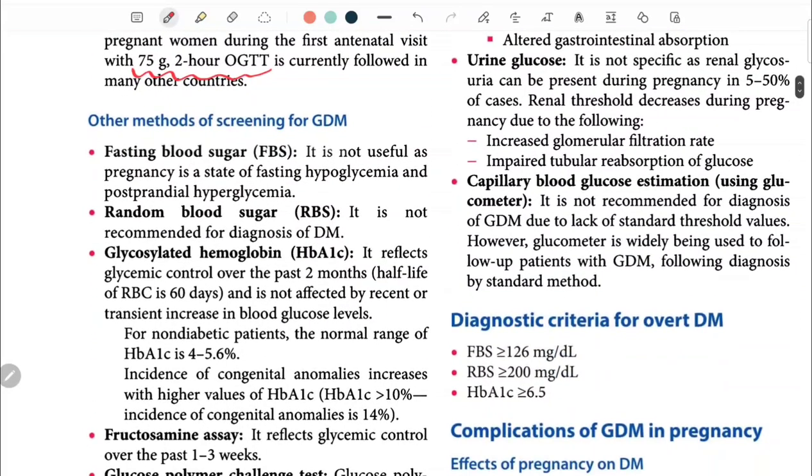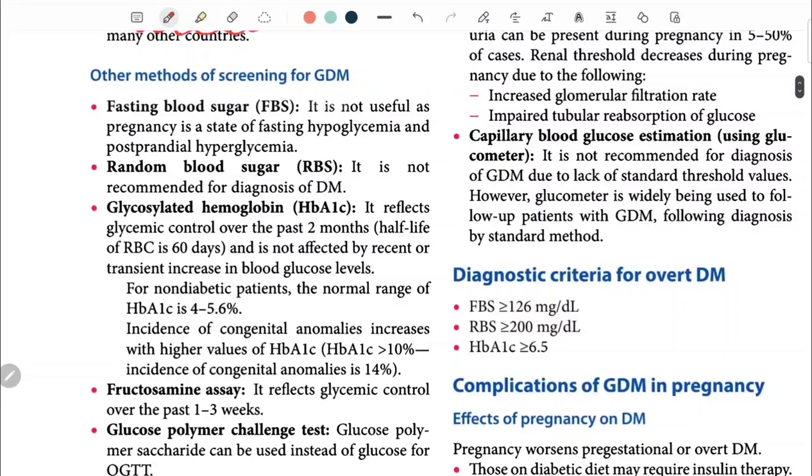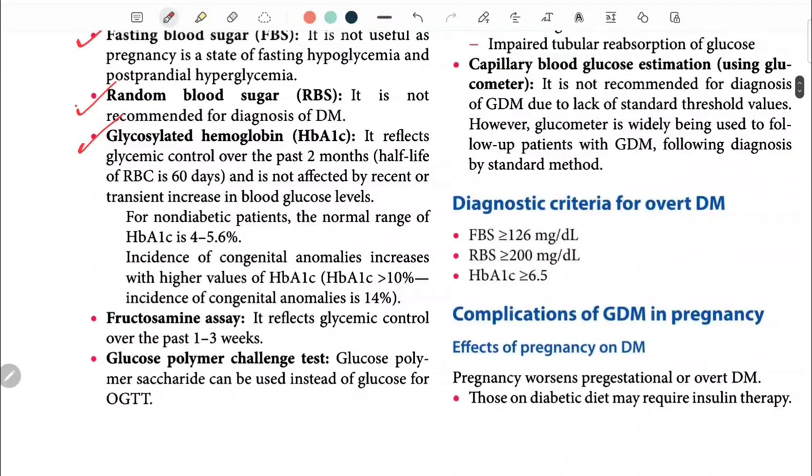So other methods of screening for GDM: first is fasting blood sugar. Fasting blood sugar is not useful as pregnancy is a state of fasting hypoglycemia and postprandial hyperglycemia. Next, moving on to random blood sugar. Random blood sugar is not recommended for diagnosis of diabetes mellitus. Next, coming to glycosylated hemoglobin, it reflects the glycemic control over the past 2 months.